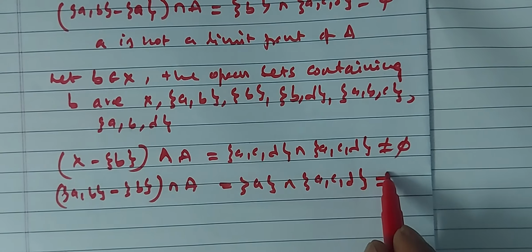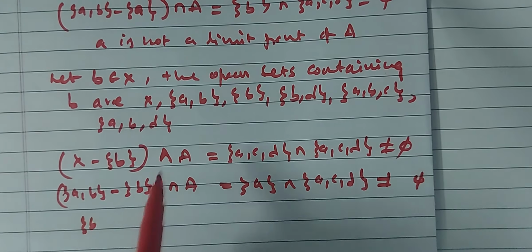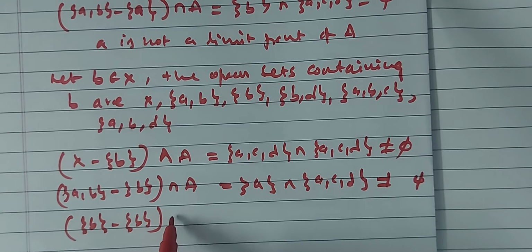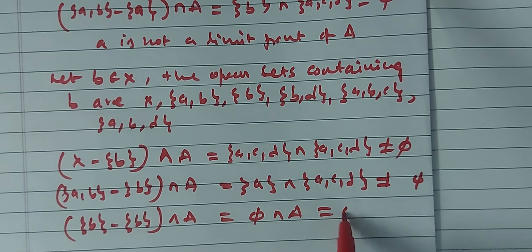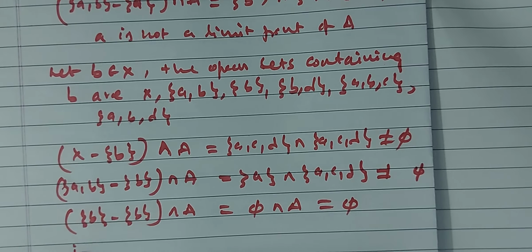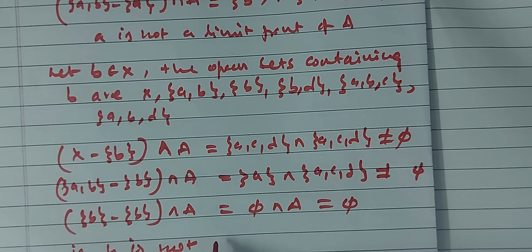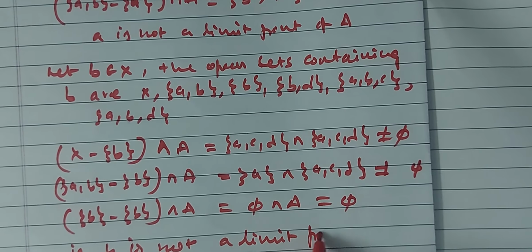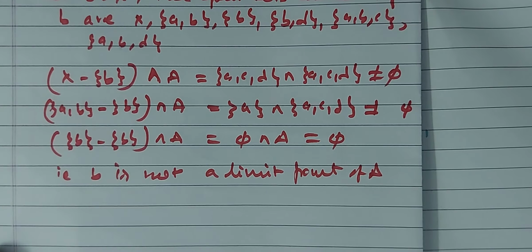So this is also not equal to empty set. Next, {b}, the third element: ({b} minus {b}) intersection A is equal to empty set. At least one is equal to empty set. That is, b is not a limit point of A. B is not a limit point of A.